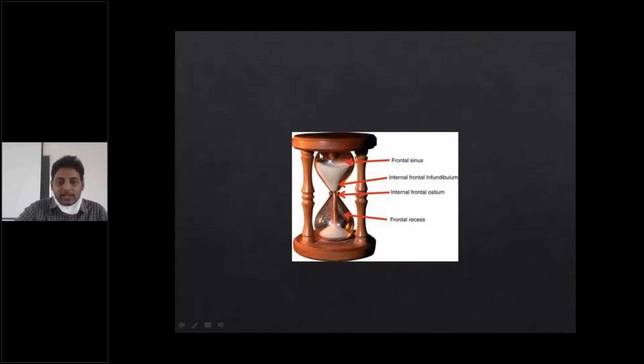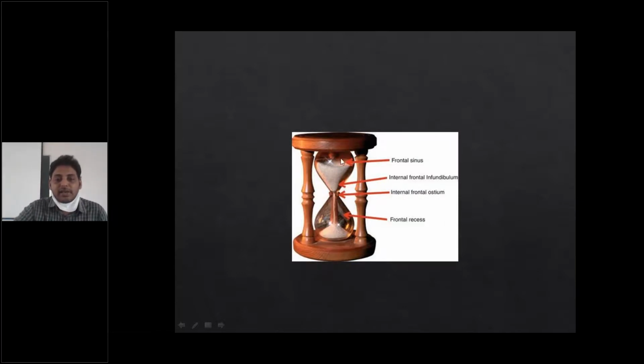See the frontal sinus, frontal ostium, and frontal recess. These three form an hourglass appearance. You are all aware of an hourglass, usually used to know the time. There is a conical shape above and a conical shape below, and a narrow constriction in the middle.